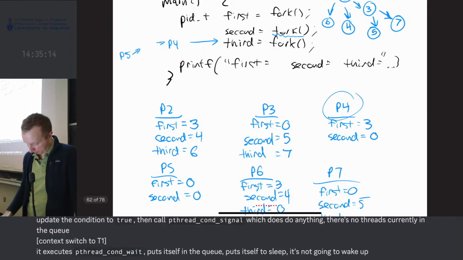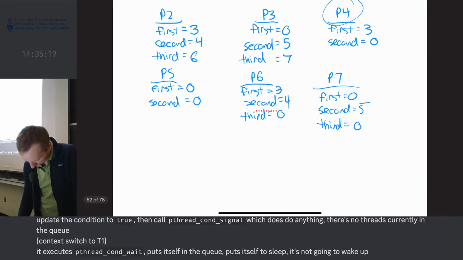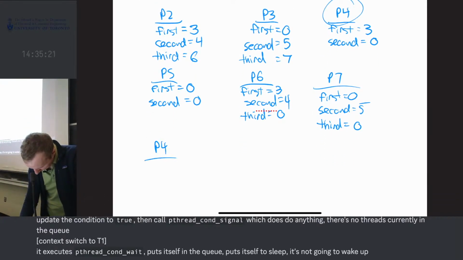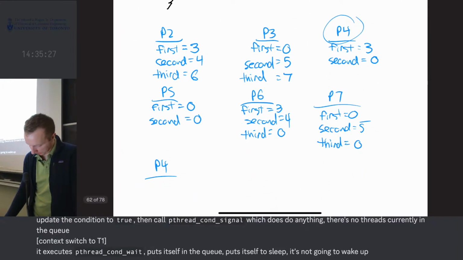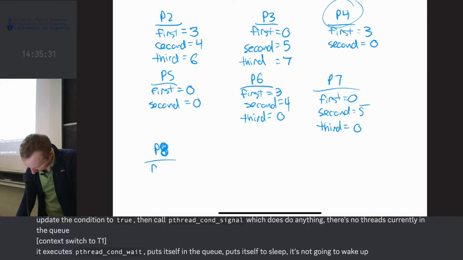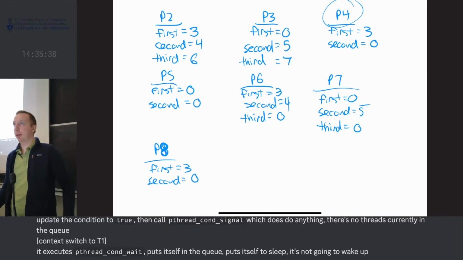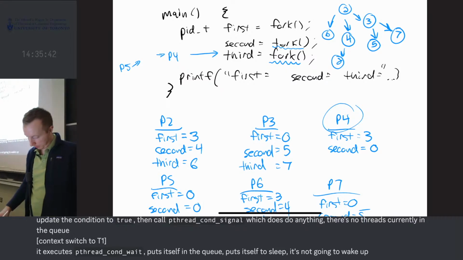Now let's say process 4 goes. So process 4 goes, it would create a new process, likely process 8, and it's a copy, process 8. So first equals 3, second equals 0 because it's a copy, and again, remember, we're returning from this fork.